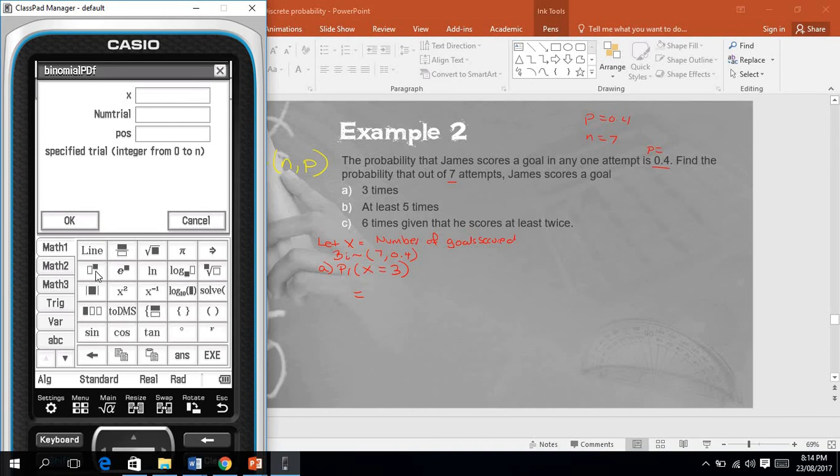Then we just enter things in. X is the same as what X was here, our specified trial, which is 3. Our number of trials n, well, we're doing this 7 times. Our probability of success, our p-value, and as it tells us here, it must be between 0 and 1, which makes sense, is 0.4. Okay?